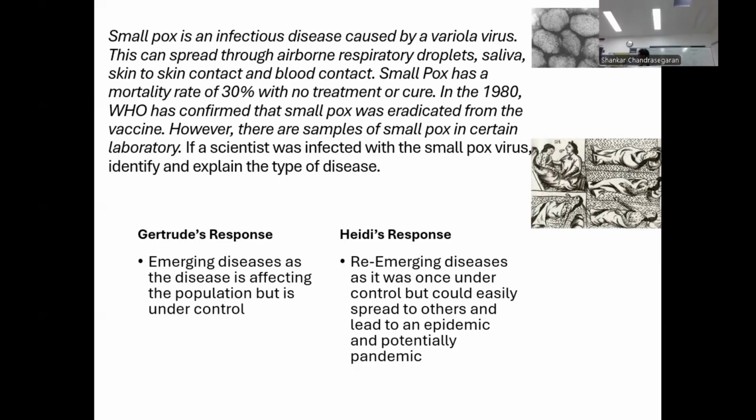Smallpox had a mortality rate of 30% with no treatment or cure. In the 1980s, WHO confirmed that smallpox was eradicated by the vaccine. However, there are samples of smallpox in certain laboratories. If a scientist was infected with the smallpox virus, identify and explain the type of disease.